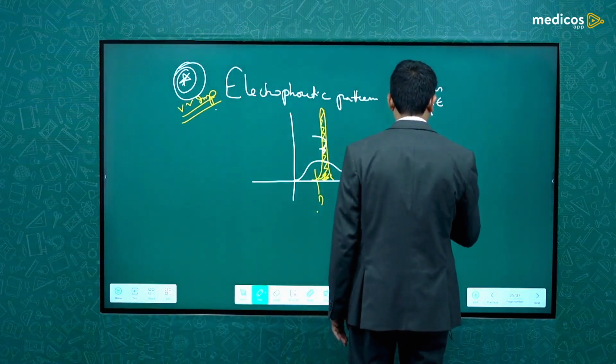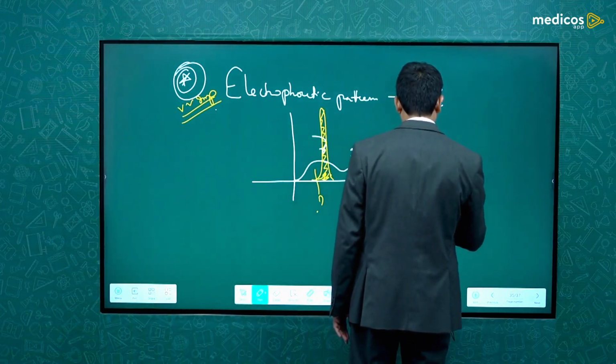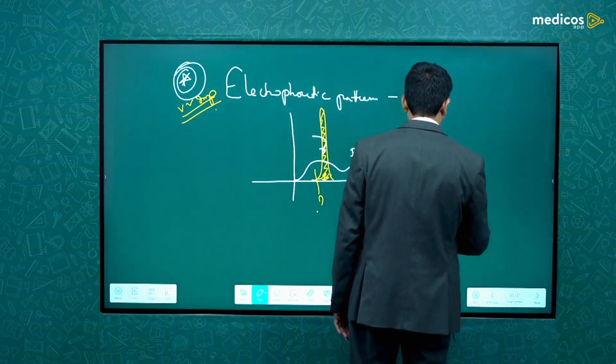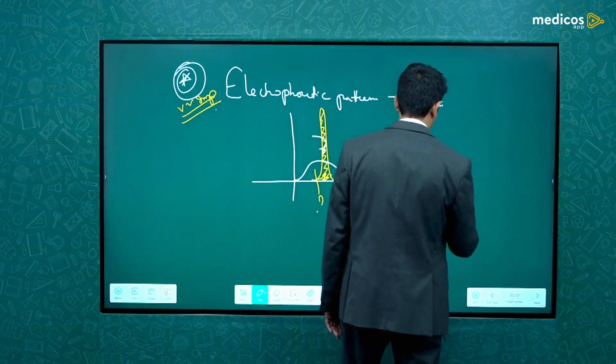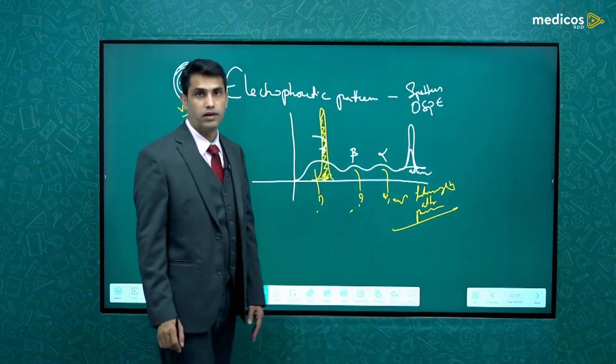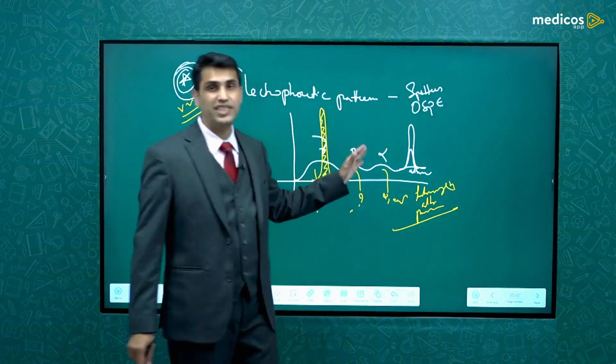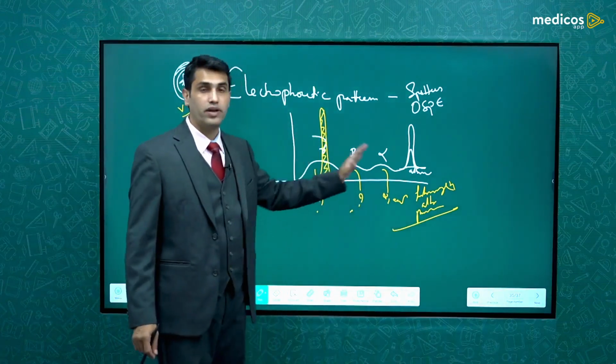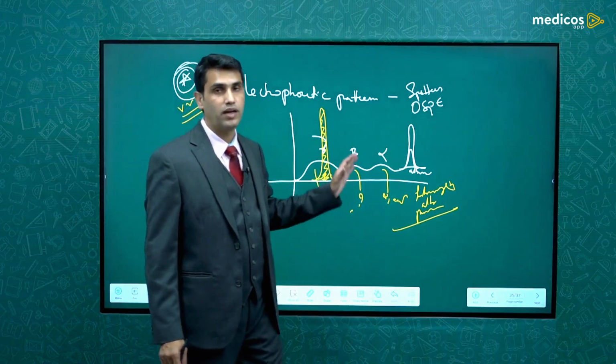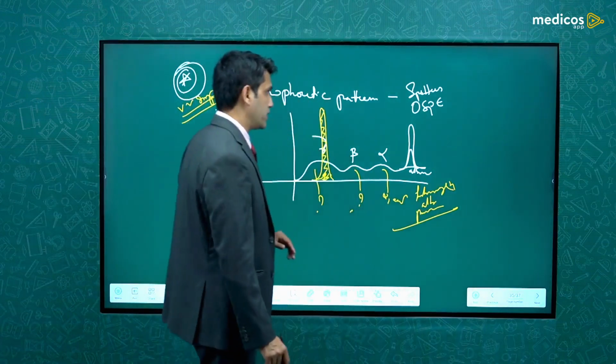Albumin and prealbumin or transthyretin will occur in this band. So you need to make a mnemonic. We have discussed in class what each band contains and the different types of electrophoretic patterns that are going to come in your examination.